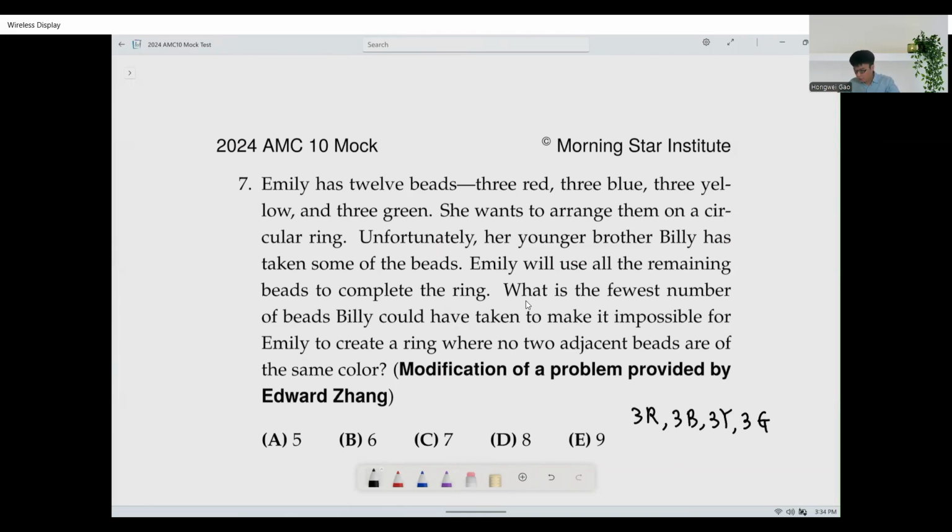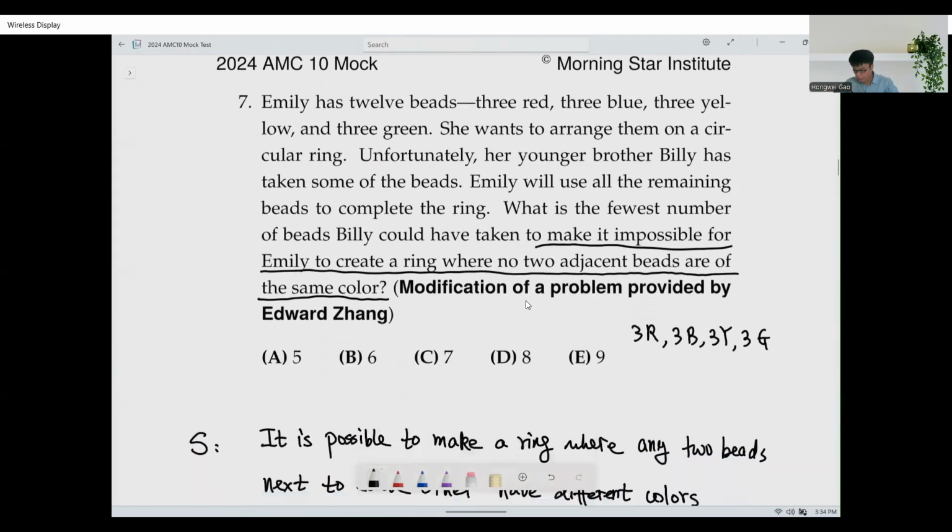The question is, what's the fewest number of beads her brother Billy could take away to make it impossible for Emily to create a ring where no 2 adjacent beads are of the same color? Now, to make the question clear, let me introduce the following statement. Let's go to S.